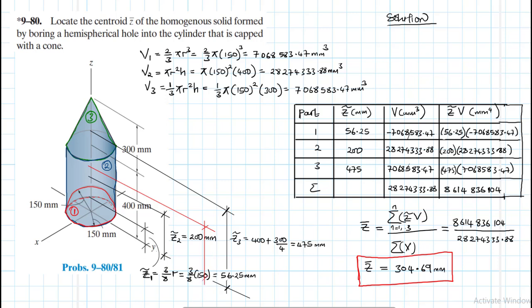So this is where it is. This is our Z bar, which is equal to 304.69 millimeters. Okay, I think it makes sense, right?